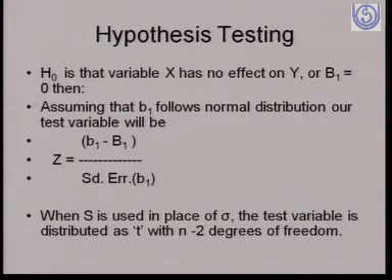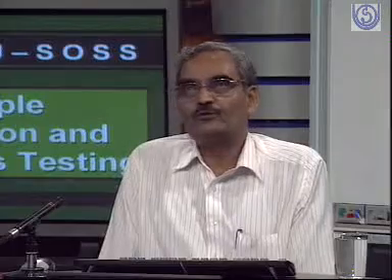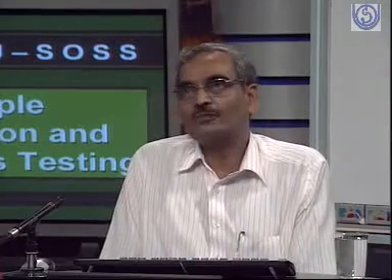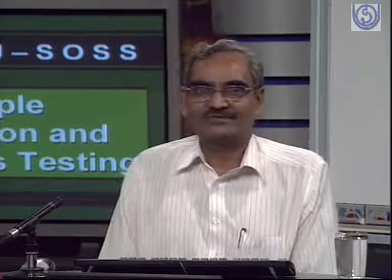And if the degrees of freedom are between 5 and 25, and the calculated value of the t parameter happens to be between 2 and 3, then we can with all confidence reject the hypothesis.